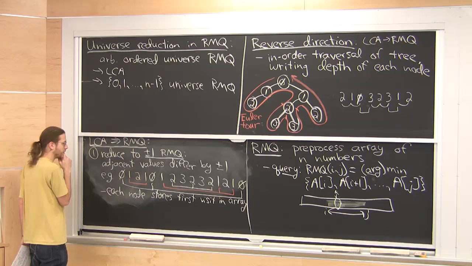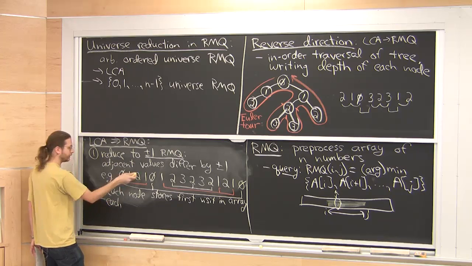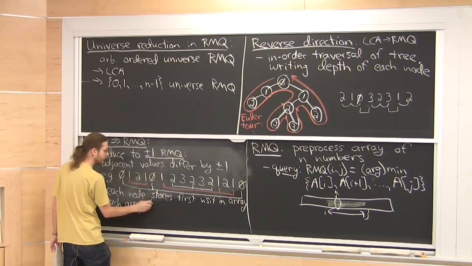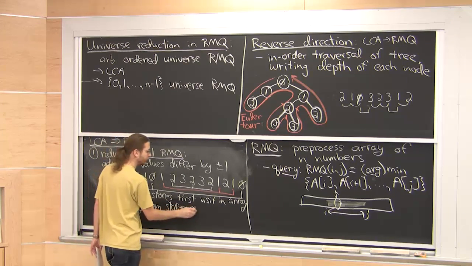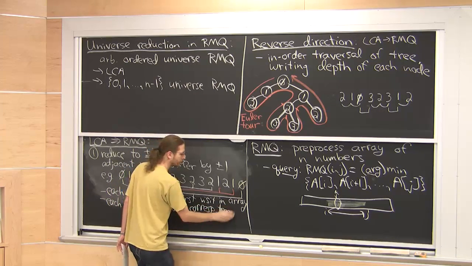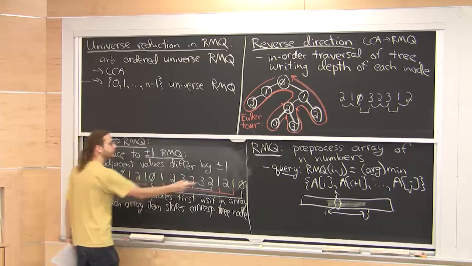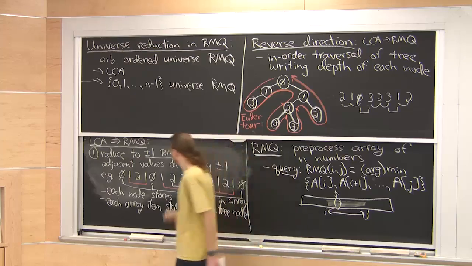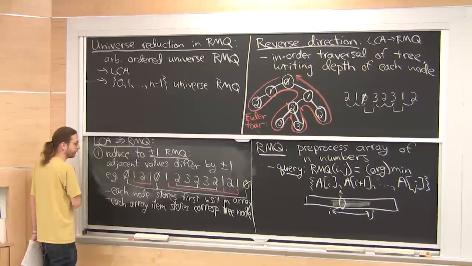And I guess each array item stores a pointer to the corresponding node in the tree. Okay, so each instance of the 0 stores a pointer to the root, and so on. Which is kind of what these horizontal bars are indicating, but those aren't actually stored.